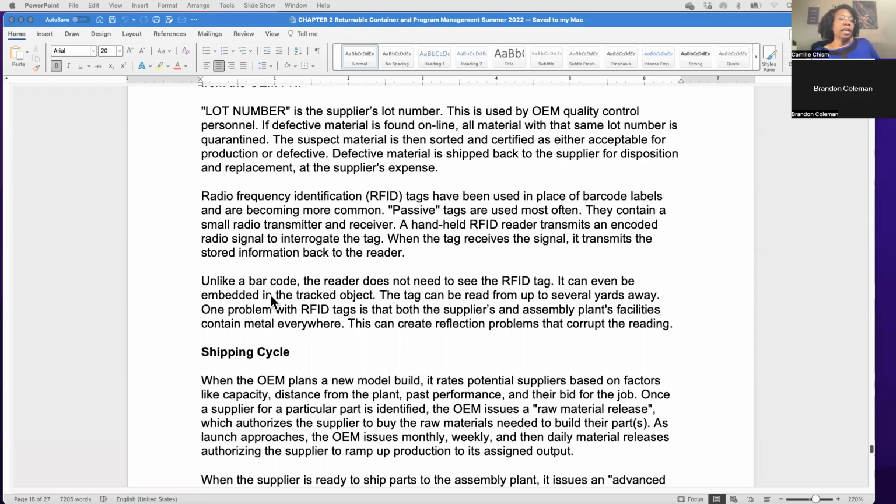But an example I gave earlier was using RFID tags for radios or sound systems. If you have a serialized product, say these are sound systems, and every vehicle gets a different sound system, they know that when this particular bin comes by, they can scan it, or if it's an RFID tag, it would go past the reader, and that reader would say this is the bin for customers number 21 through 40.